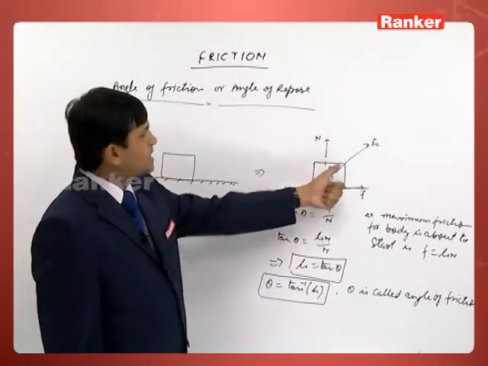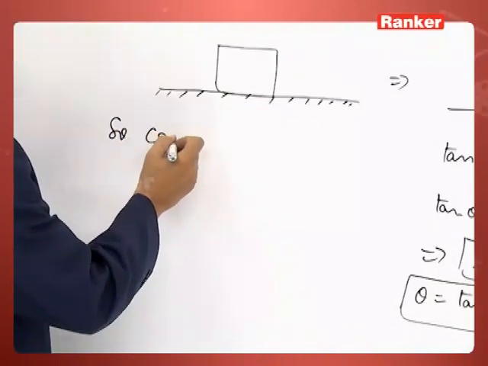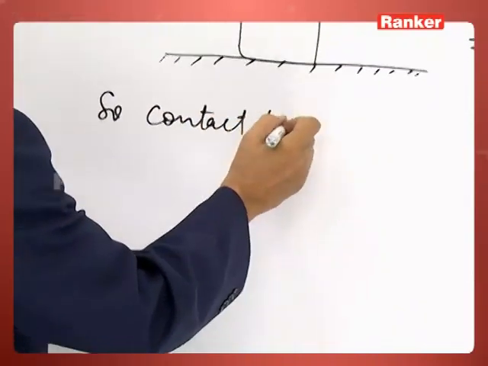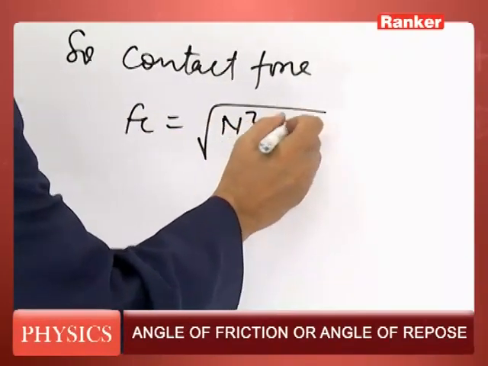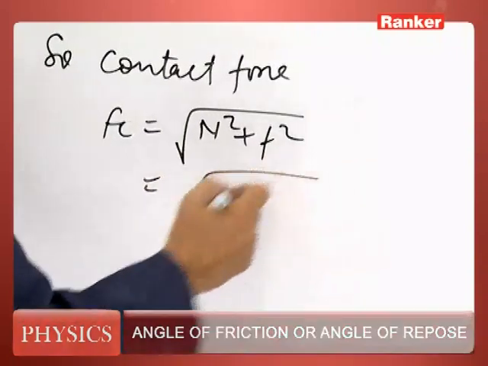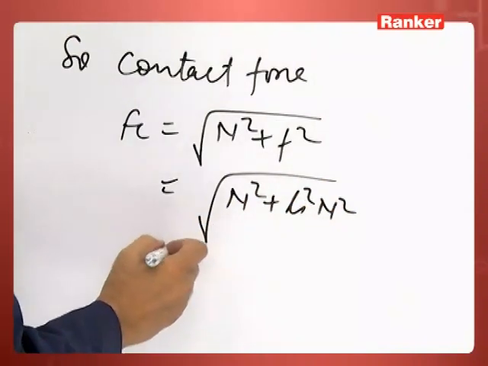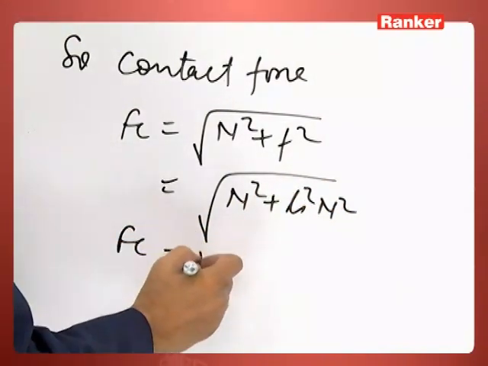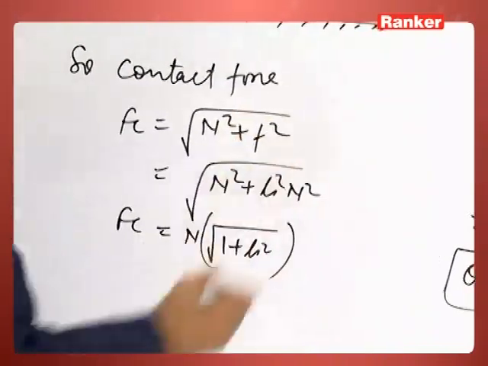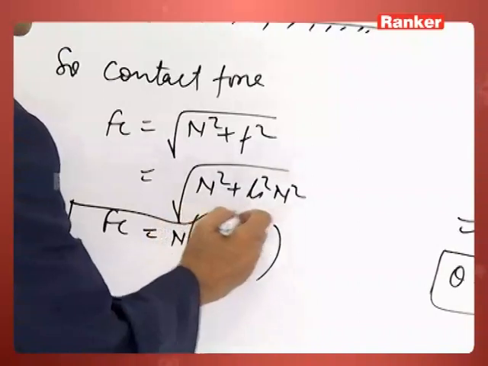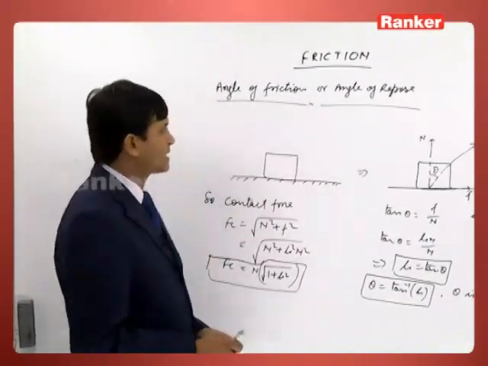From here we can say the contact force FC can be written as root of N square plus F square, or N square plus mu square N square, or FC is equal to N root over 1 plus mu square. In this manner we can also write FC when the body is about to start.